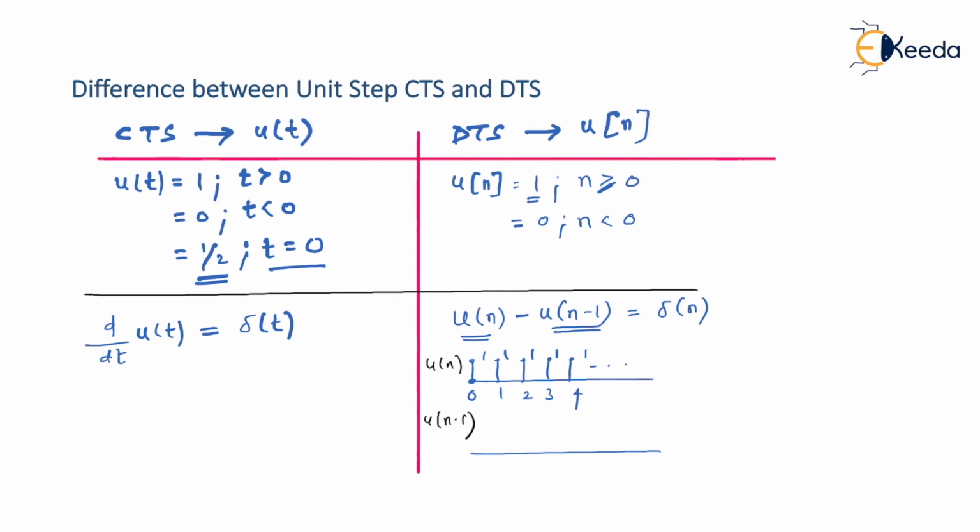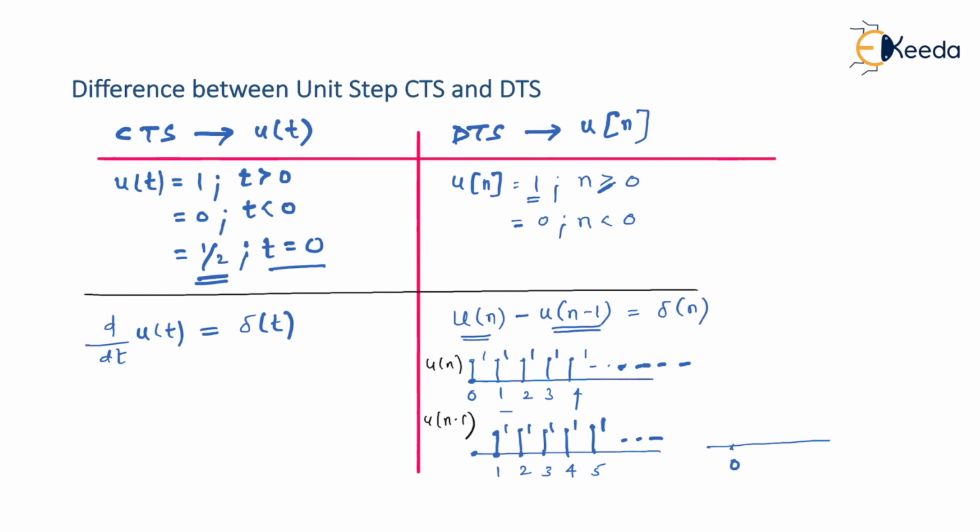There is nothing present at 0, but from 1 onwards, we will have magnitude equal to 1, and this is infinite 1s. So between u of n and u of n minus 1, what I'm actually carrying out is a subtraction. Let us see what happens at n equal to 0.